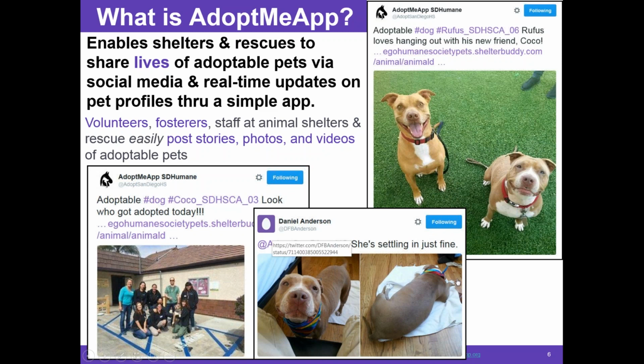And then Daniel Anderson, who was the person who adopted Coco, actually tweeted back to us and showed us how well she's doing. So that was kind of a slam dunk, like out of the ballpark kind of thing from the very beginning. Of course, this is the goal: get animals adopted more quickly. It's very hard to track, though.